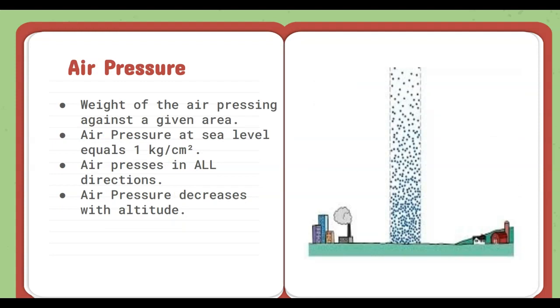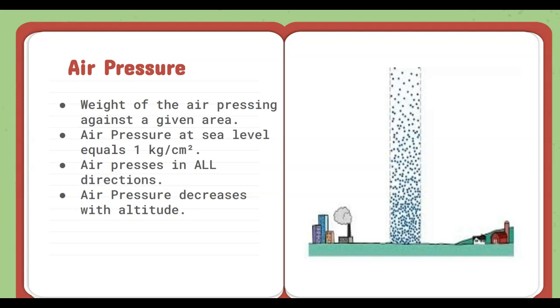The next thing I want to talk about is air pressure. Air pressure can be defined as the weight of air pressing against a given area. Air pressure at sea level is equal to 1 kilogram per centimeter squared. If you were to add that up, that would be over 1 ton worth of pressure pressing on you.